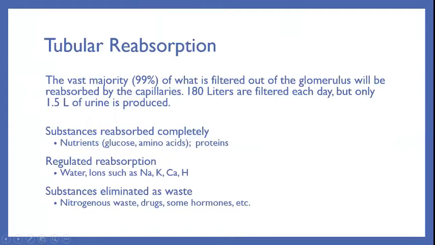We have regulated reabsorption of things like water and ions such as sodium, calcium, potassium. All of those electrolytes, we're going to control how much we reabsorb based on how much you currently have in your body. Helps us to maintain that homeostasis. Substances that we eliminate as waste include nitrogenous waste, drugs, and some hormones.